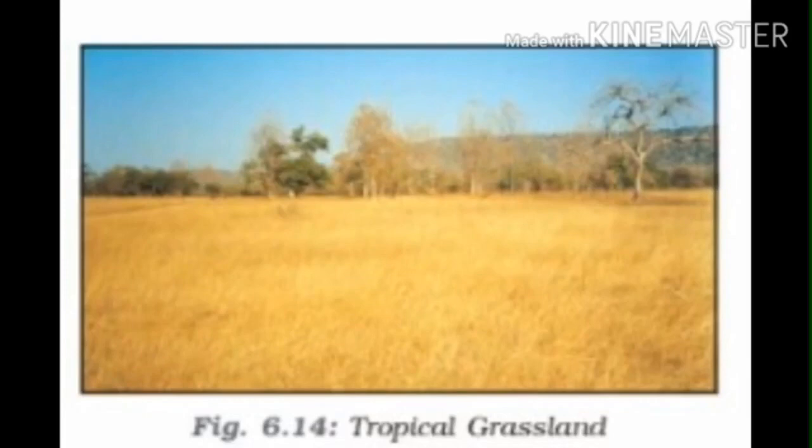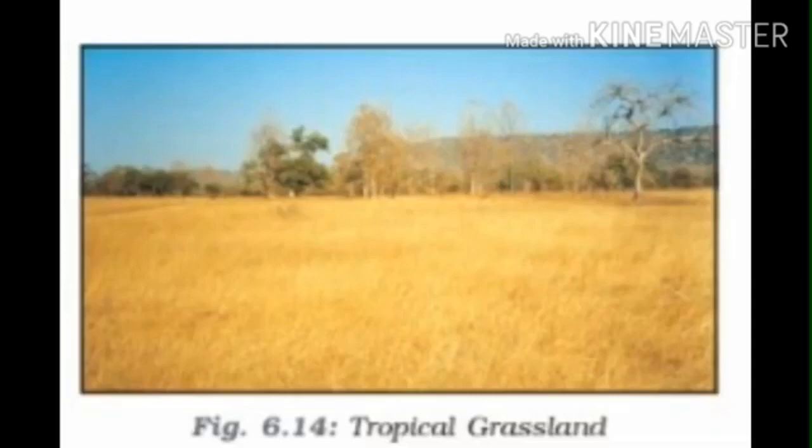These grasslands are suitable for dairy farming. Clear, children? First characteristic is that tropical grasslands grow in regions of moderate to low rainfall. Then, these grasslands are suitable for dairy farming.